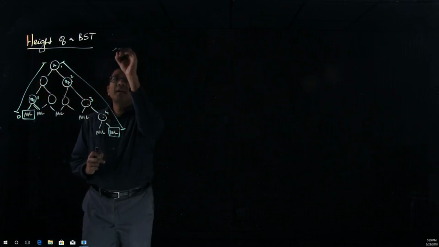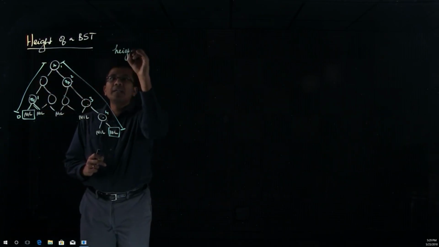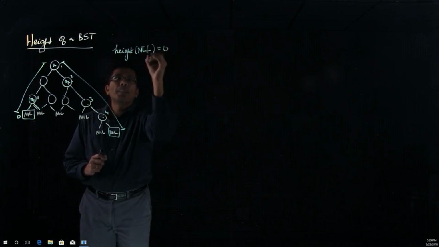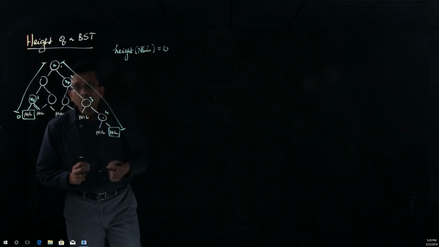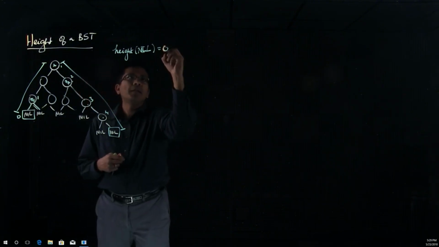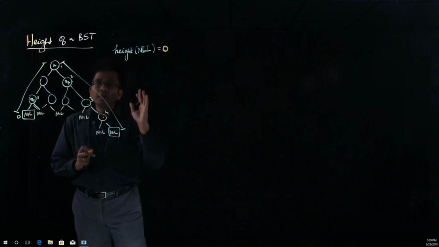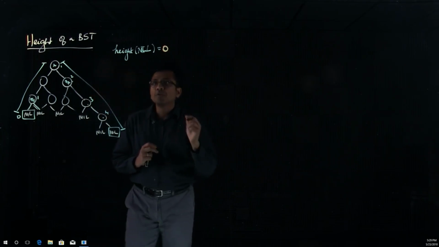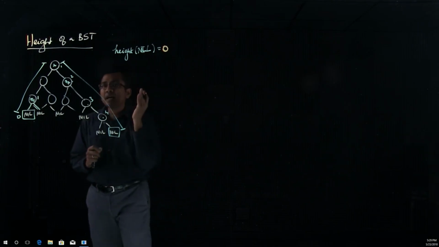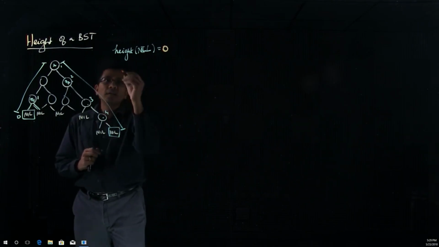So how do you define the height of a node? The height of a leaf is defined as 0. Now some books will define it as 1, so be careful there. Whatever answers you get, you will be off by 1, so we are not going to worry too much about 1 or 0. Let's just define the height of a leaf to be 0.